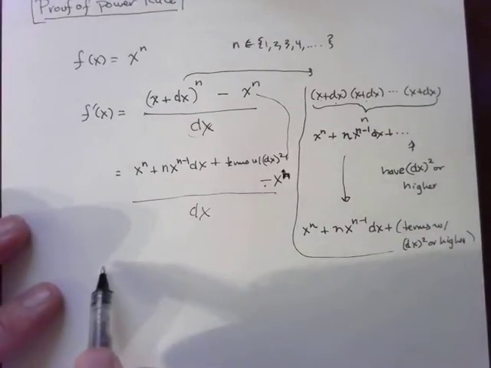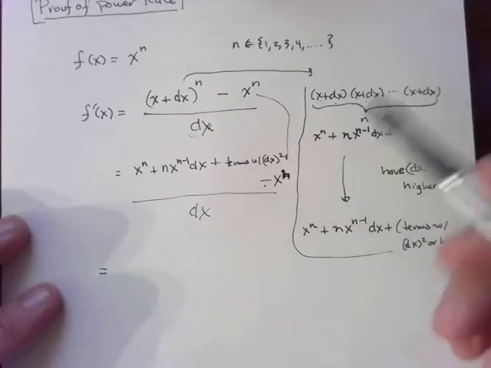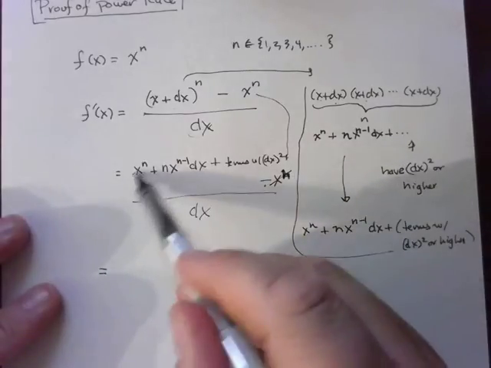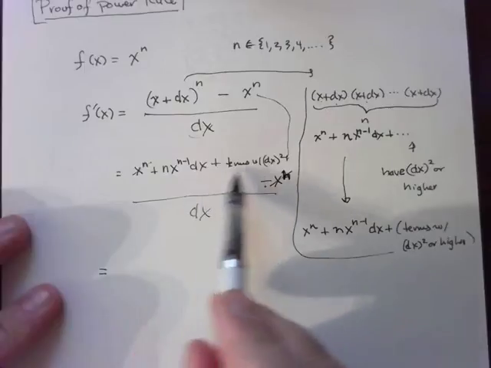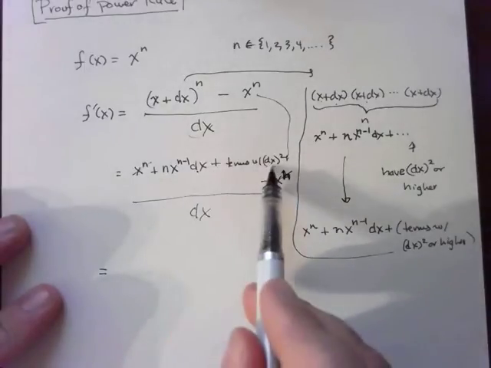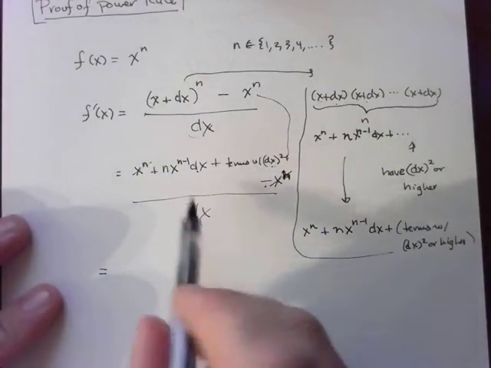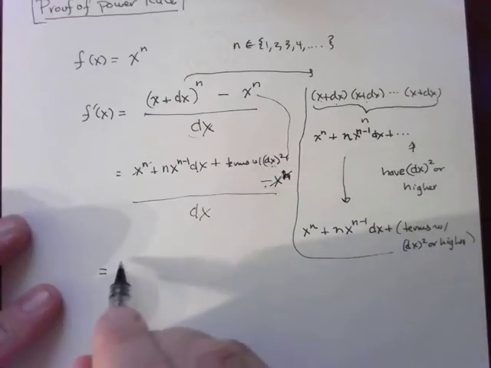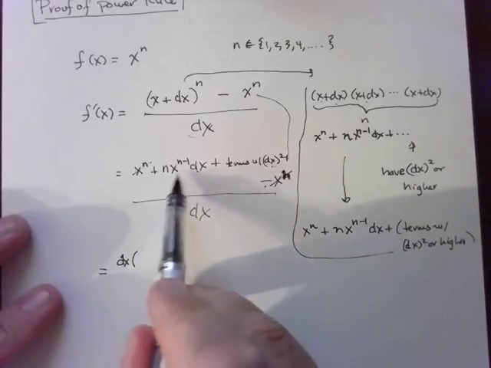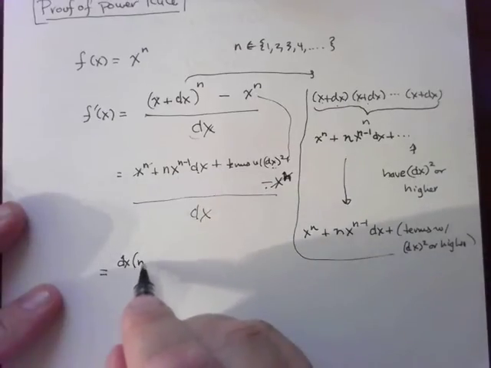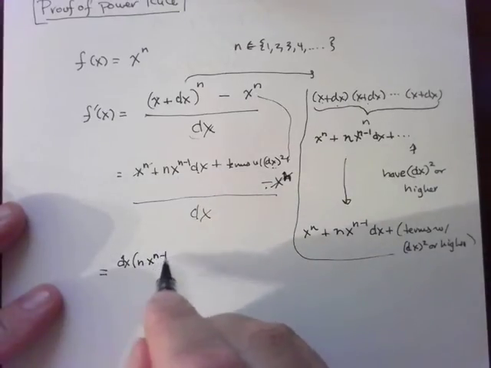And something very similar happens when we did the derivative of x squared at the beginning of this. This subtracts away. Then I have terms with dx, dx squared, dx cubed, so on and so forth. All the terms up here will have dx in them, so I'm going to factor the dx out. When I take dx out of the first term, I'm left with n x to the n minus 1.